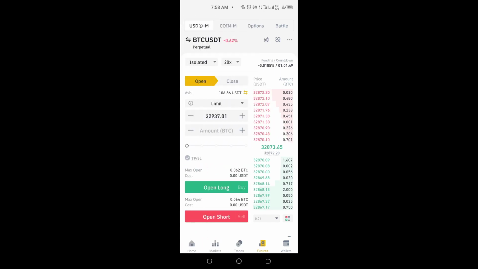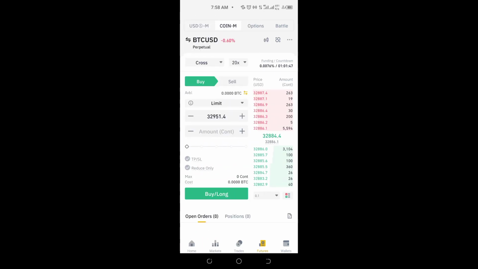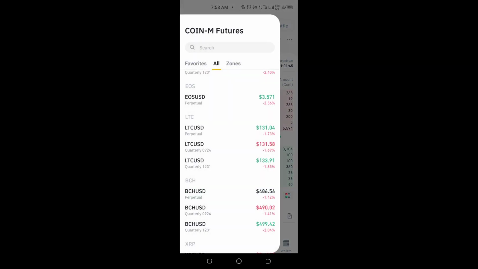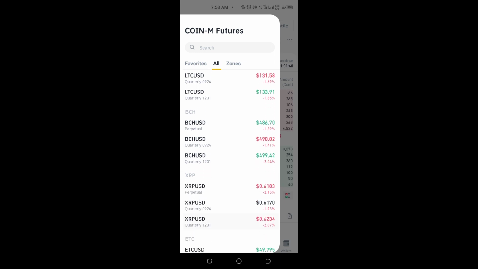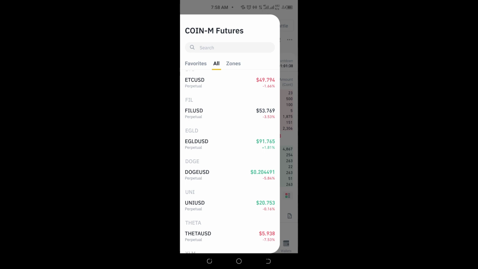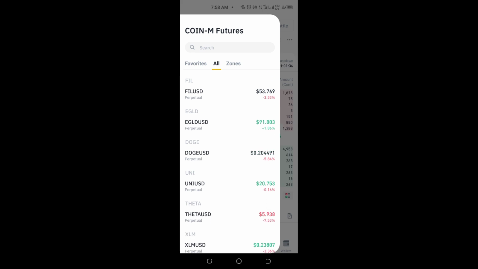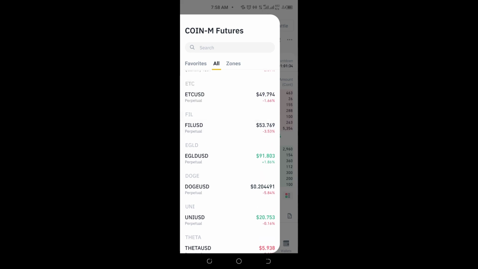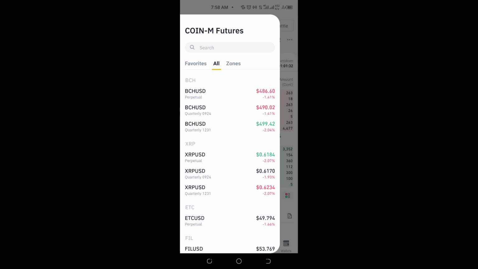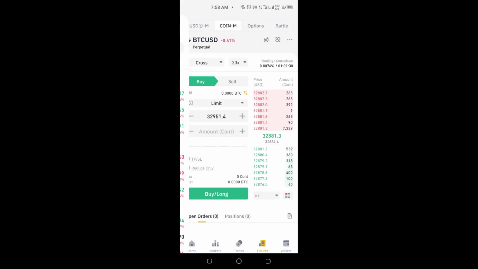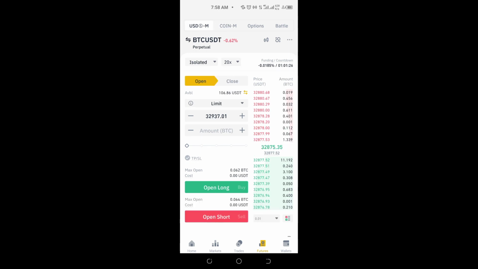Whereas if you click on coin margin futures, you'll see that the coins are being paired to USD and some of them are perpetual while others are quarterly. So let's concentrate on what we are on today.